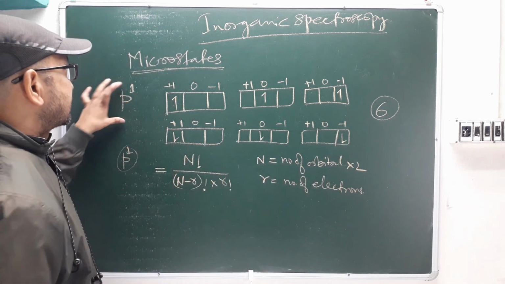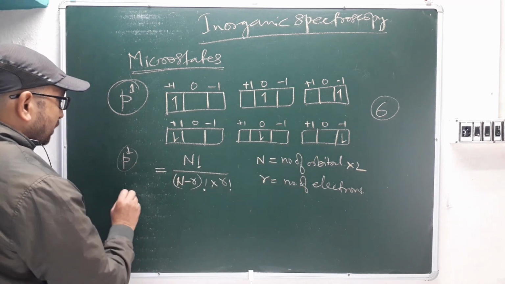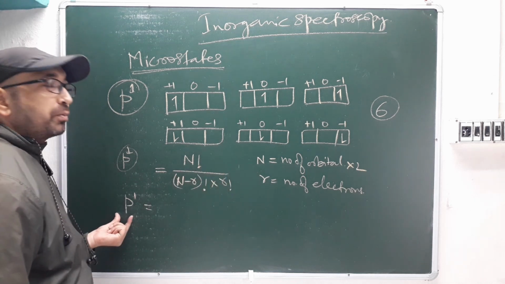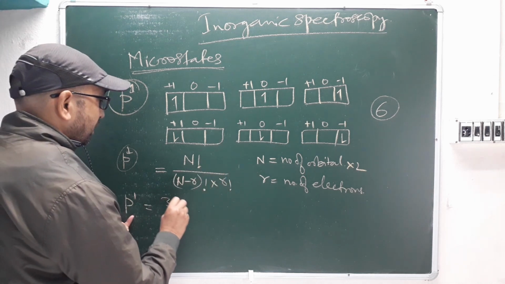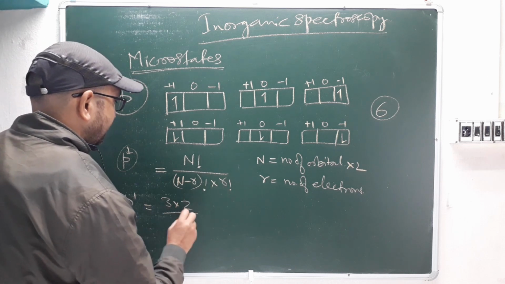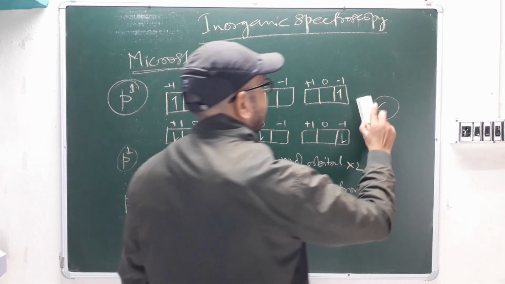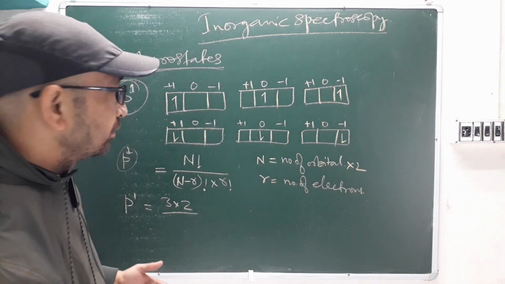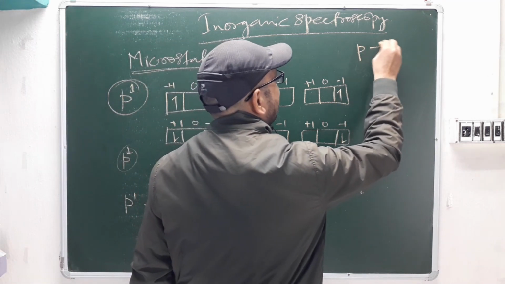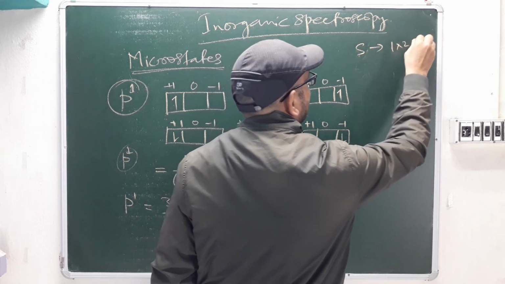So first we will check for this whether 6 is coming or not. For p1, n factorial: how many orbitals are there in p? 3 into 2, so it will be 6 factorial. Directly we'll write it here, and next time onwards it won't be required to calculate each and every time. If it is s, it will be 1 into 2.